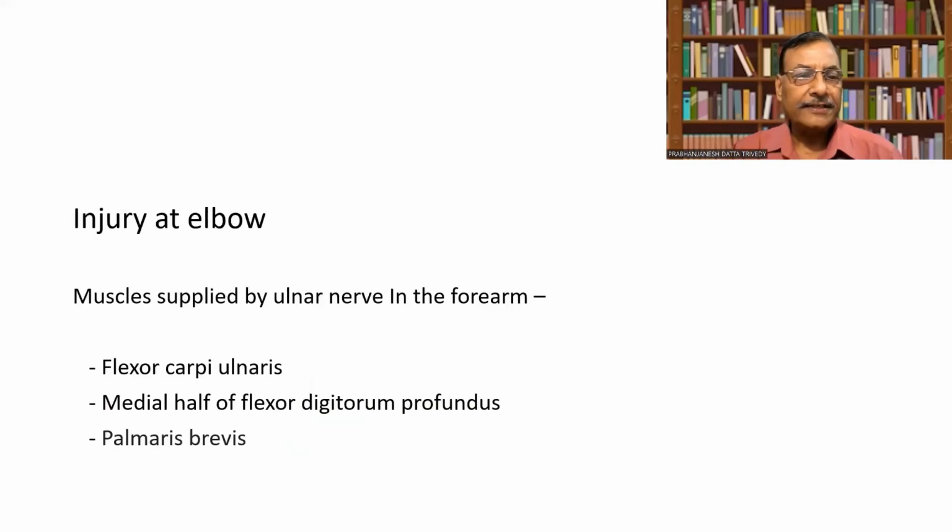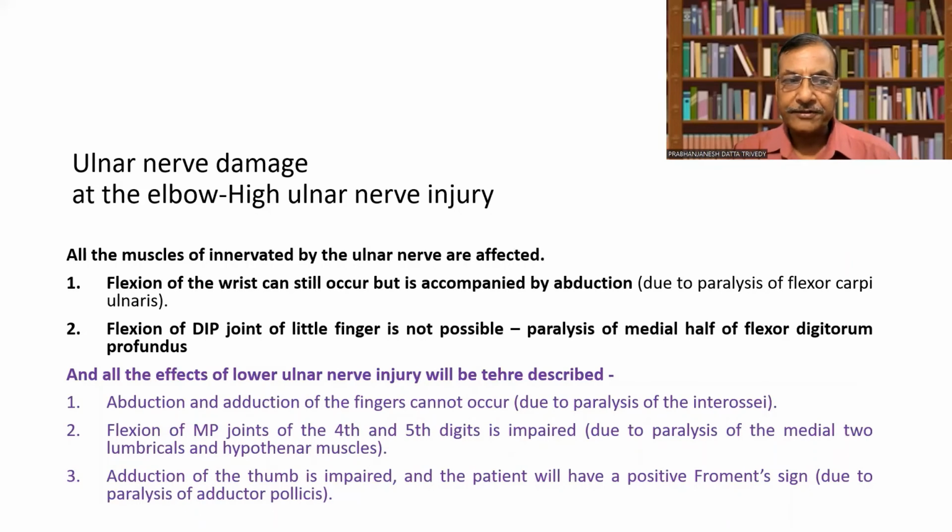What will happen when there is an injury at the elbow? There will be muscles that will be affected in the forearm, and they are flexor carpi ulnaris, medial half of the flexor digitorum profundus, and palmaris brevis. They have to be tested.